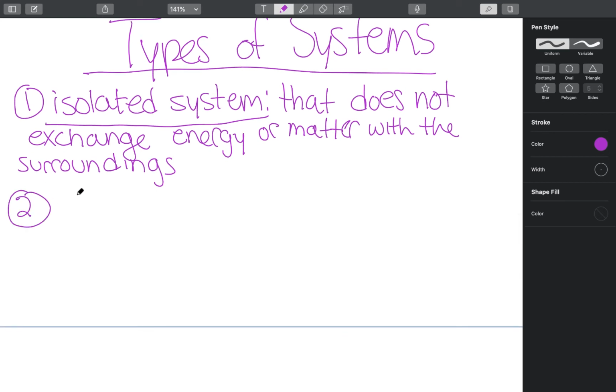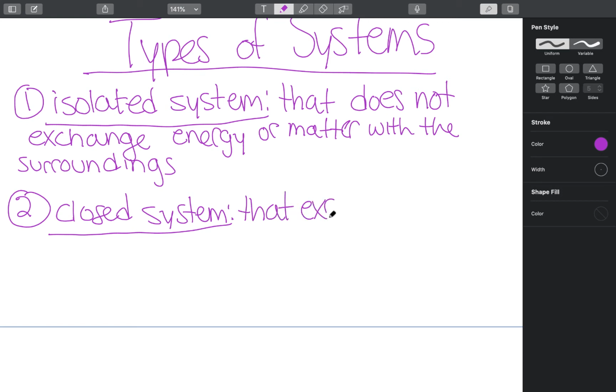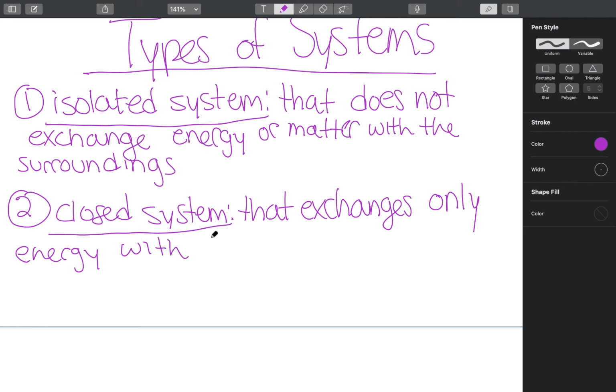The second type of system is a closed system. And a closed system is a system that exchanges only energy with the surroundings, but not matter.